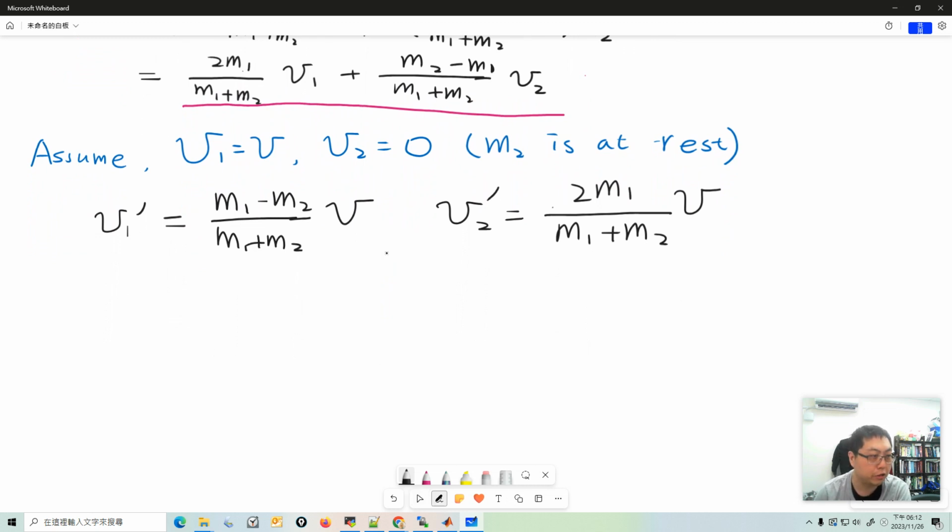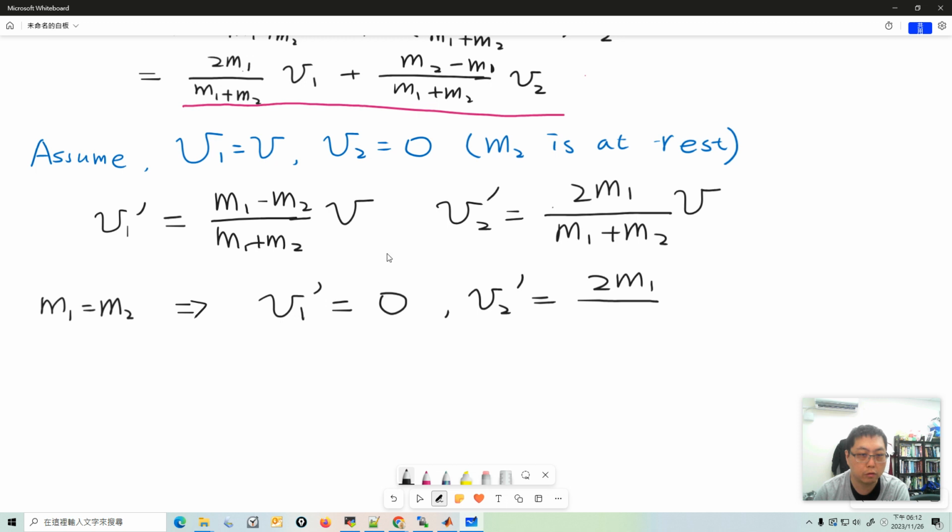The first situation is what if m1 is equal to m2? The mass of the two objects is the same. What will happen? Since m1 is equal to m2, v1 prime is equal to 0. And what's v2 prime? Since m1 is equal to m2, 2m1 over 2m1 cancels out, so it's equal to v.